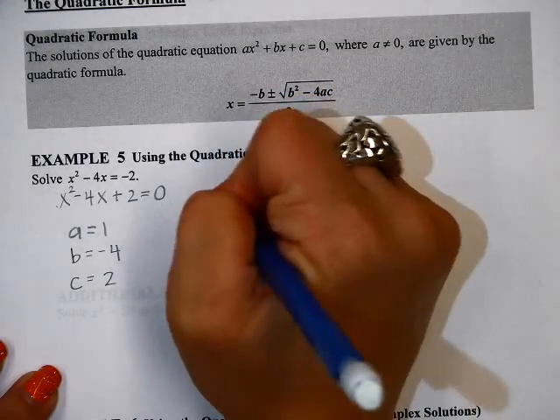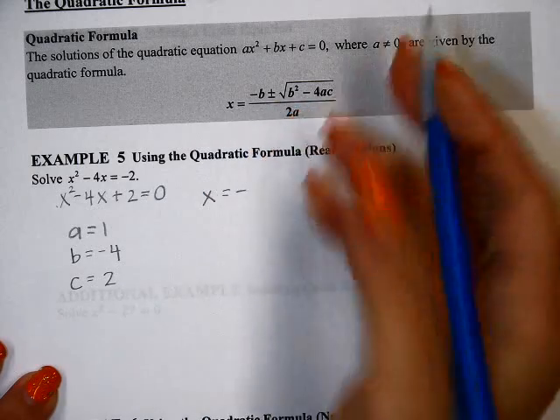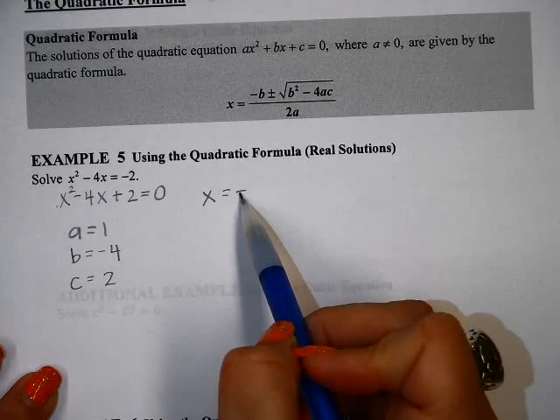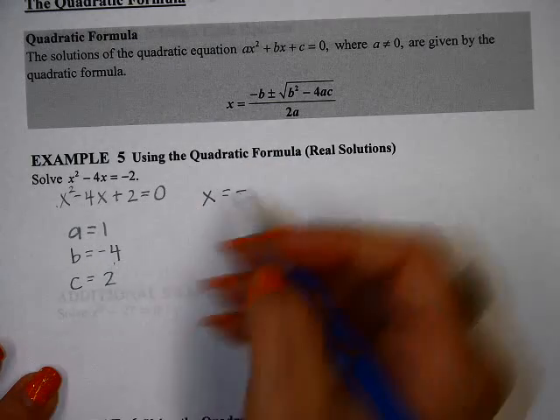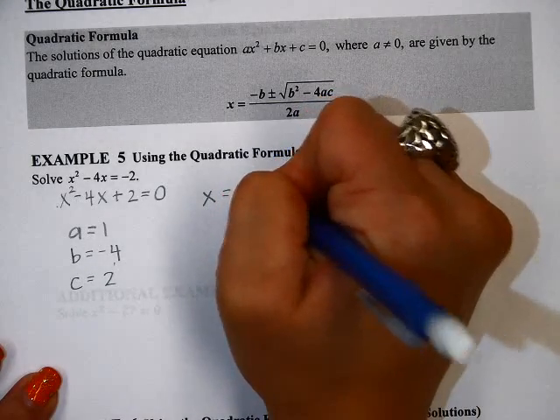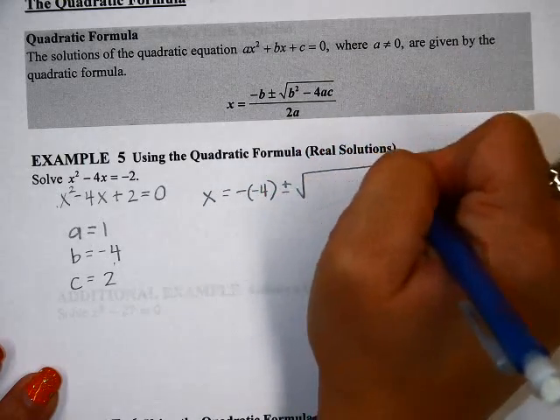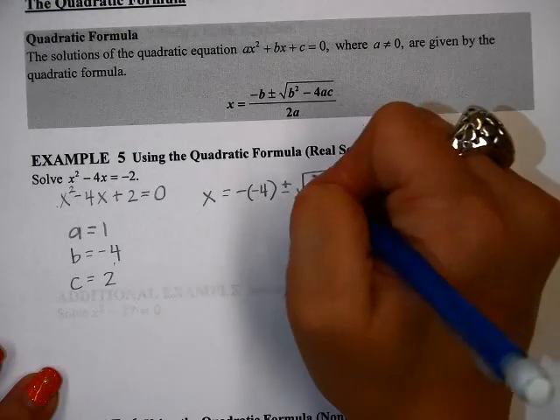So we will have x equals, make note that your formula is negative, so it'll be negative b, and our b is negative 4. So it's going to be negative 4 plus or minus the square root of b squared.